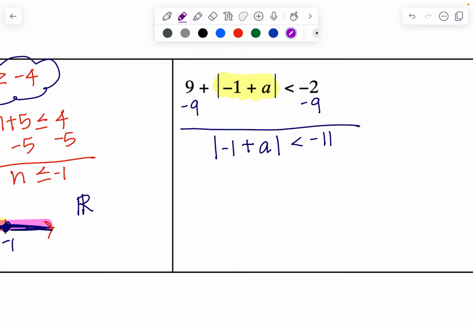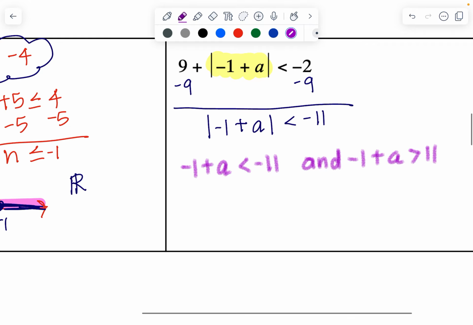So I would get negative 1 plus a less than negative 11 and negative 1 plus a greater than positive 11.